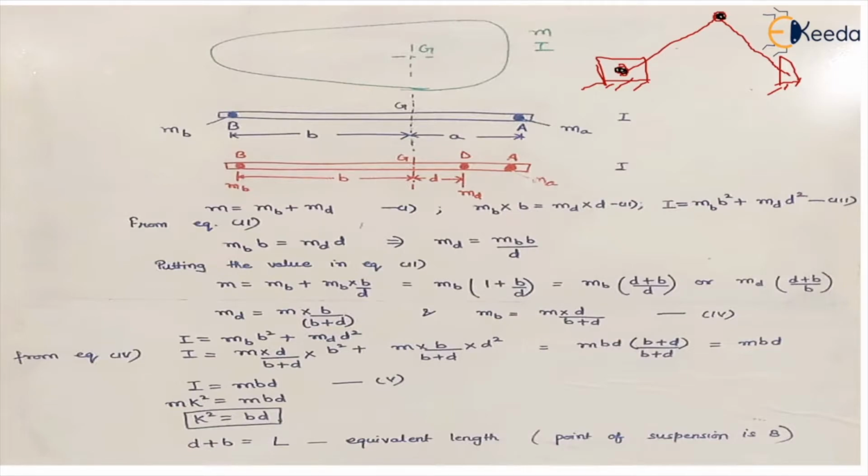Now, this crank is rotating at some angular velocity omega with some angular acceleration alpha, and let's say T is the torque which is acting on the system. But because the extra mass is provided at the crank pin, this extra mass increases the inertia effect of the crank or the rotating body.